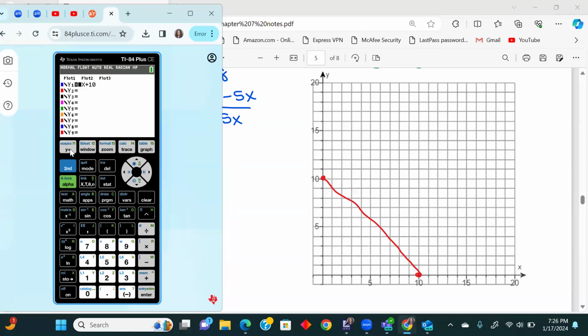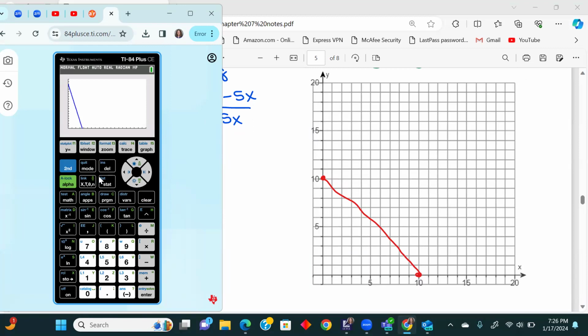All right, y equals, let's clear that out. And put the second equation in. Graph.